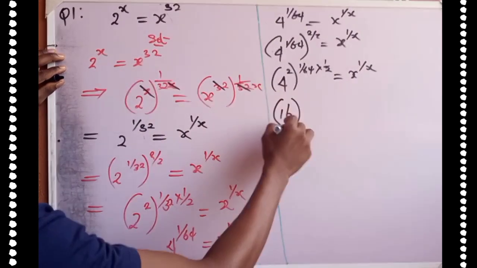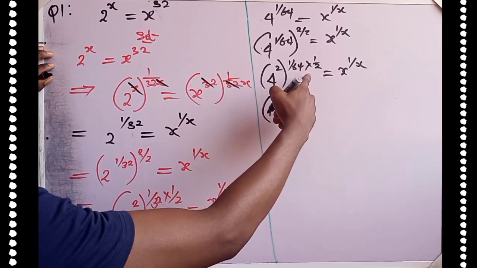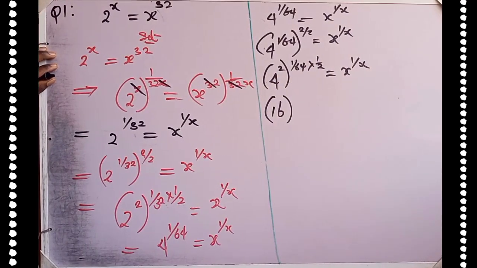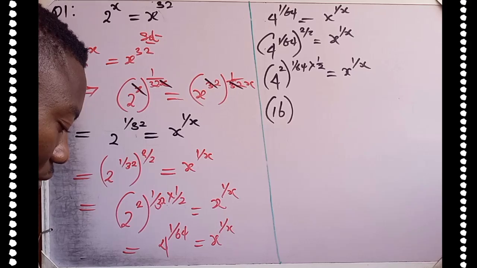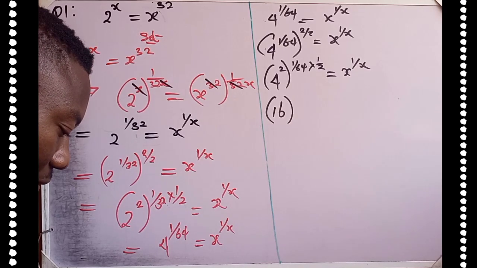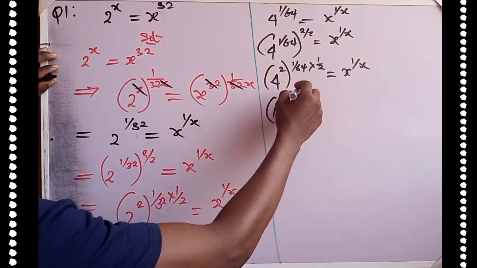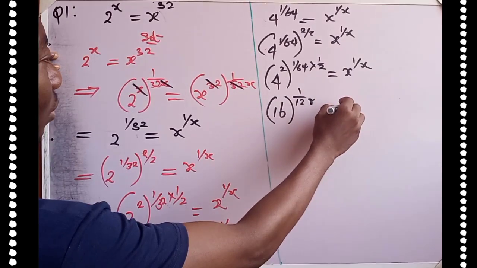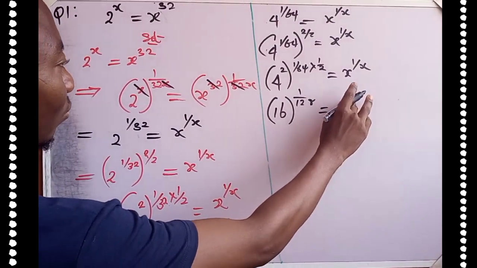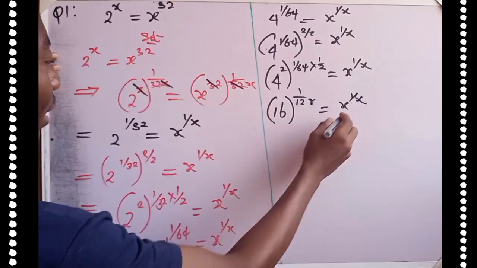Then we're going to have it raised to the power of 1 upon 64 times 2, which is 128. So we're going to have 16 to the power of 1 upon 128 equals x to the power of 1 upon x.